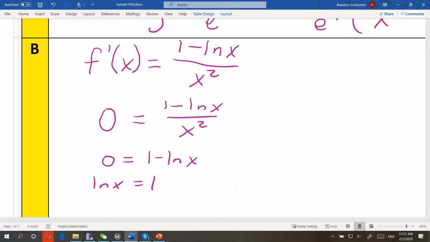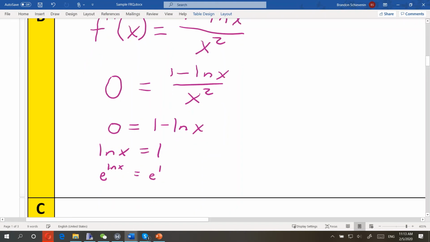How can I undo the natural log? If we both raise it to the e power or something like that. Perfect, yeah. So I'm going to raise both sides to the power of e. So this is e to the ln x equals e to the first power, or x equals e.